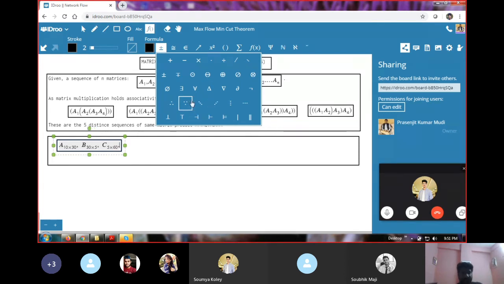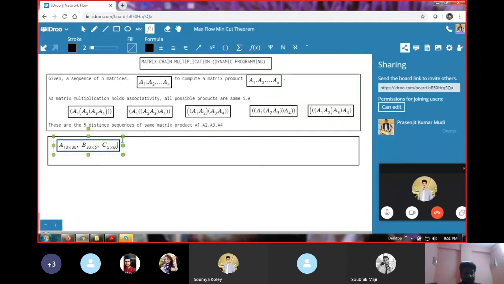Okay, so let's consider these three. It is sufficient to compare the sequences at this moment.